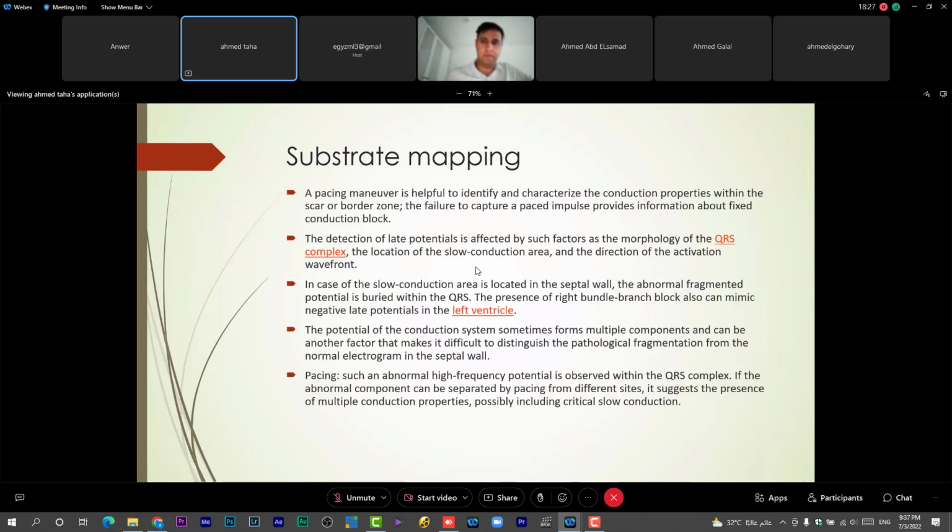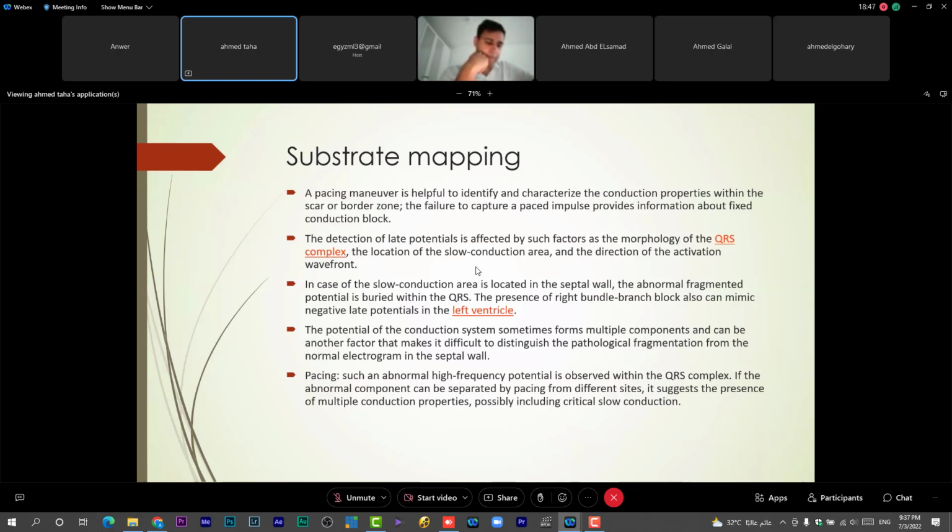If I detect a late potential, this is sometimes misleading. You may find fractionated potentials and you are not sure whether you are near the slow conduction area or not. So you are trying to find the slow conduction area and the direction of the activation wavefront.